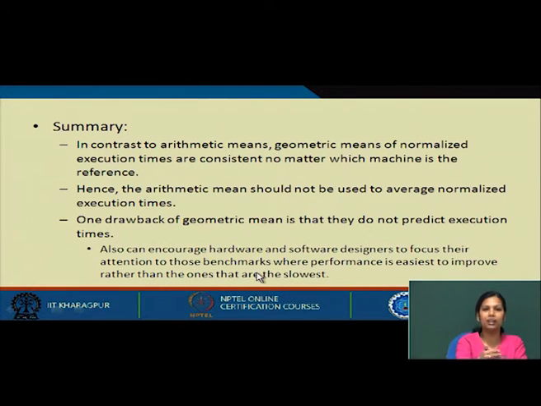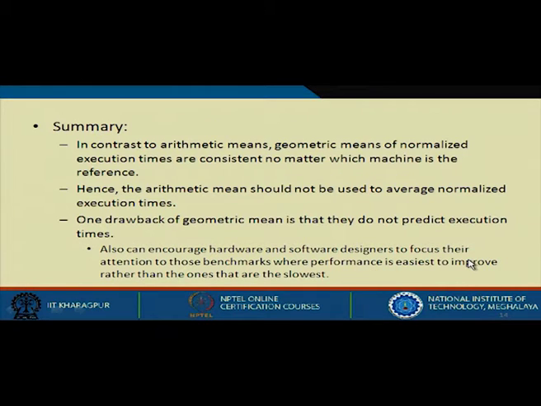So, we generally improve where the requirement is high. That means, certain instructions are executed more, so we try to improve that part more. Certain instructions are executed less, but that does not mean we will leave that part. That part also we should take into consideration, but it generally encourages the hardware and software designer to focus attention on those benchmarks where performance is easiest to improve.